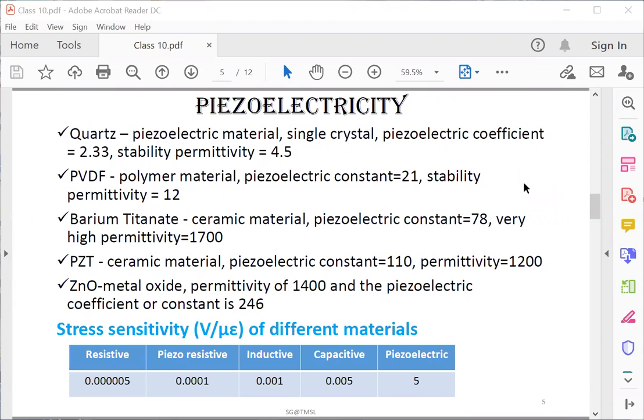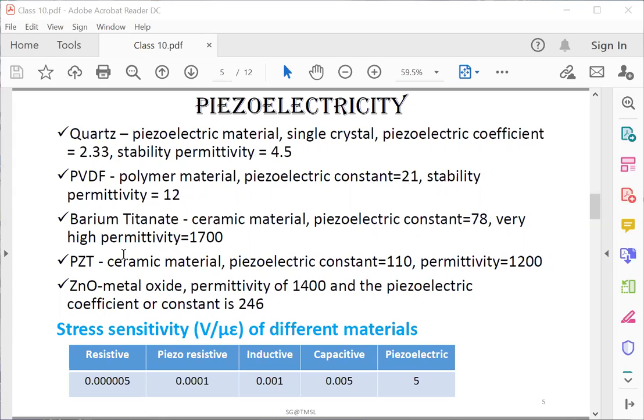Now here some of the properties are shown. For example, quartz, which is a piezoelectric material. It's a single crystal whose piezoelectric coefficient is given as 2.33, and its relative permittivity is 4.5. Similarly, another material called PVDF, a polymer material, has certain piezoelectric property, and the piezoelectric coefficient is given as 21, and the permittivity is 12.